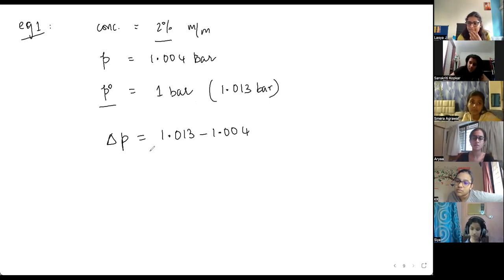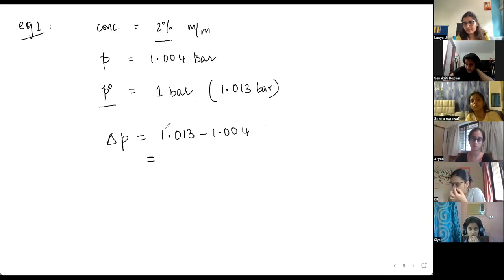Will they give the value of bar, like which one we have to use, or do we just have to assume? If you look at the question, it said at normal boiling point, right? So you know that you have to take atmospheric pressure. So usually like 1.01, you kind of round it off to 1 bar or 1 atmosphere, right?